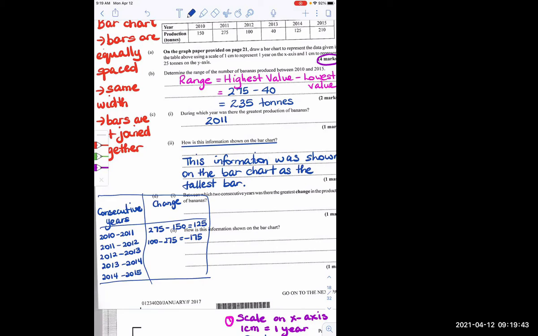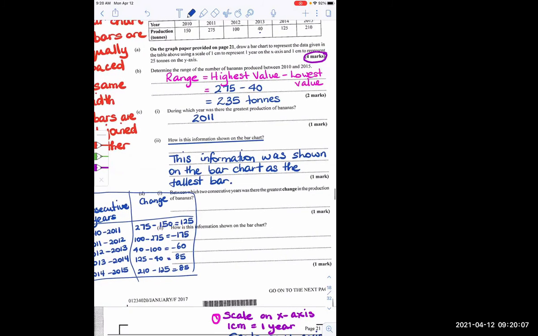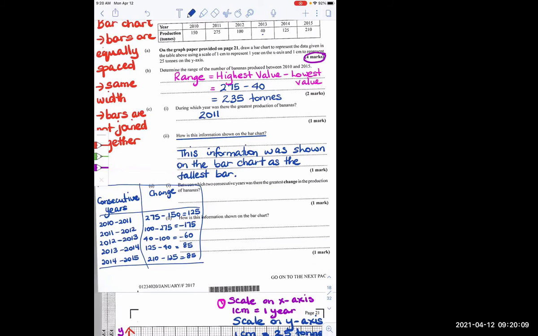Then we have 40, which is 2013. 40 minus 100, which is negative 60. Then we have 125 minus 40, which is 85, and 210 minus 125, which is 85. So from here, we can see which year had the greatest production of bananas in consecutive years. So draw the table and take down the values.